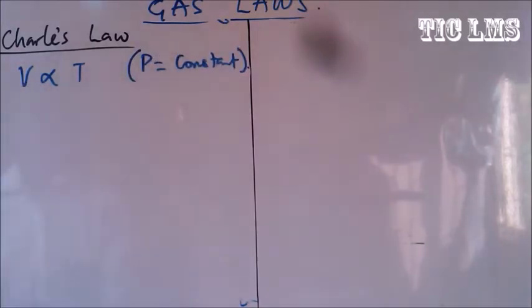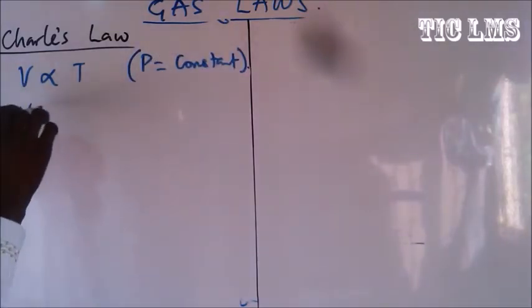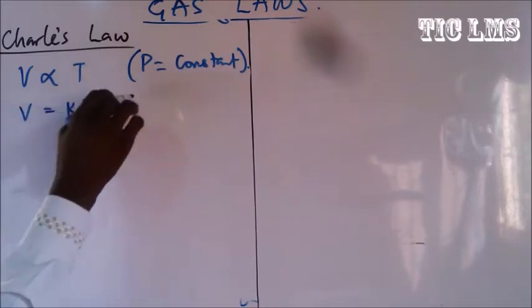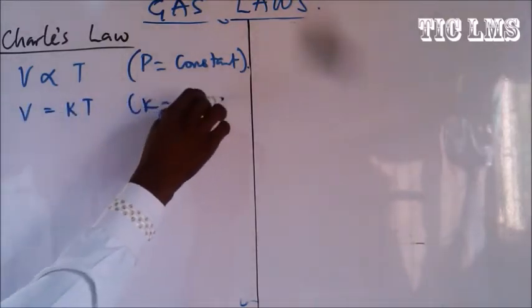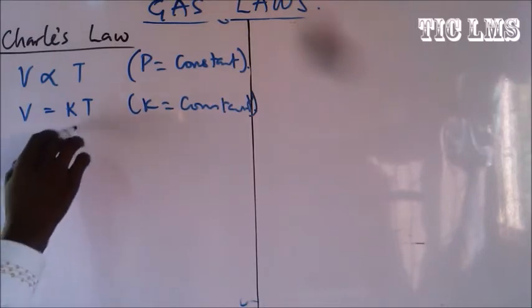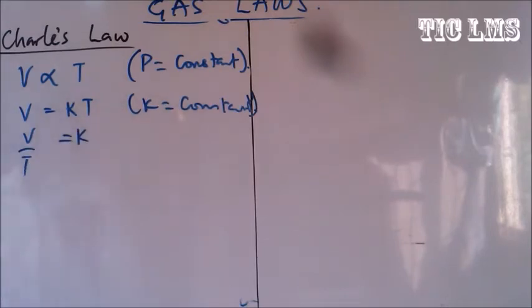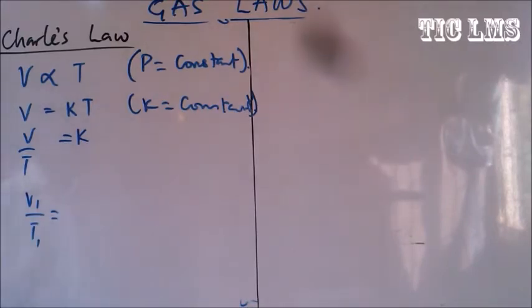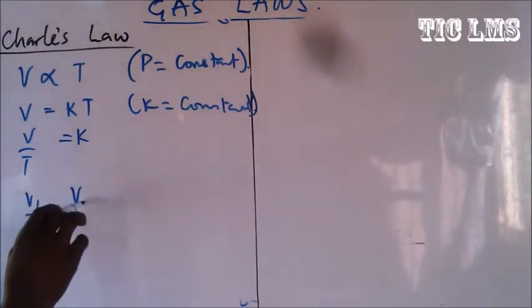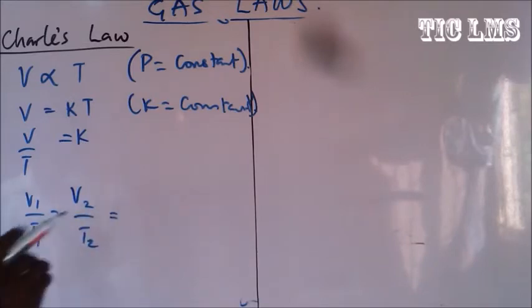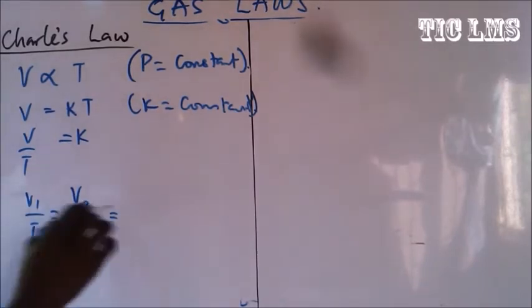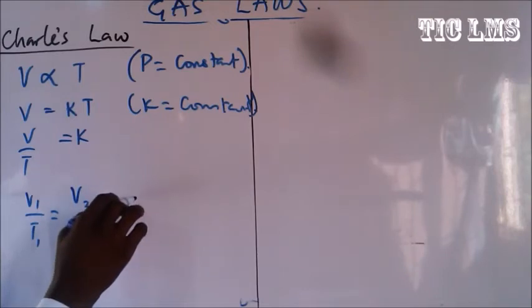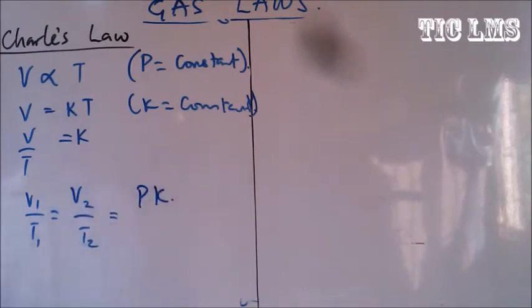When we remove this proportionality sign, we have that V is equal to KT, where K is also a constant. Making K the subject of this formula, we have that K equals V over T. Now, a situation where we have a gas which had an initial volume and an initial temperature, which both of them were increased to V2 T2, we'll take this particular formula, where both of them will be equal to the constant.